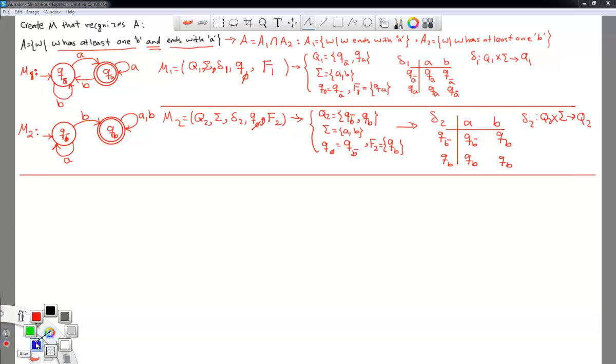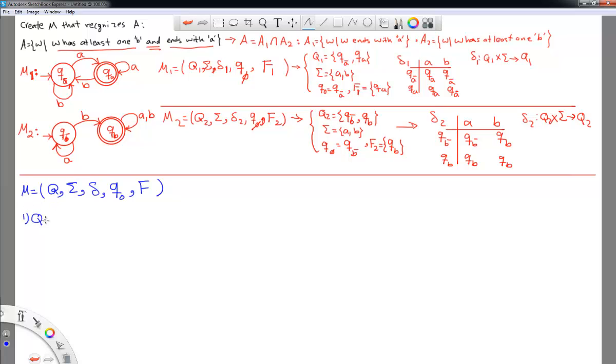So to create the automaton for the overall language, I'm going to create the M to be Q sigma delta Q sub 0 and F. And I already have my recipe for construction. So first, Q. Q is equal to the cross product of the states from the first one and the states from the second one, which basically means that it's going to be a set of four states.